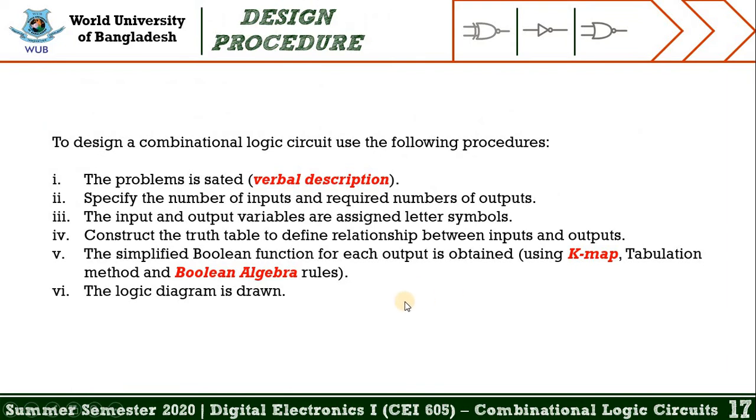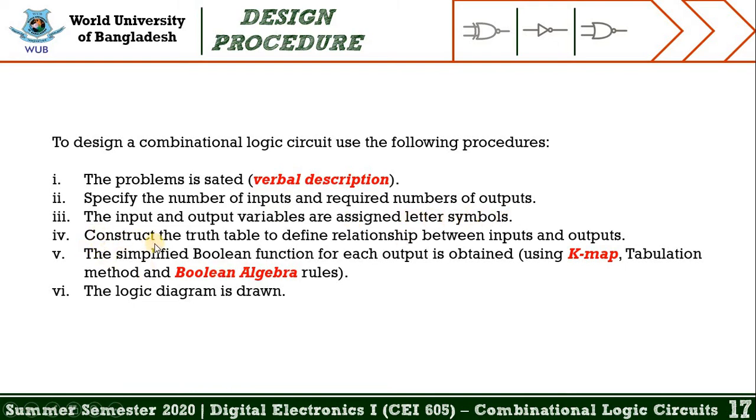From this slide you may learn the design procedure of the combinational logic circuit. So let's start. To design a combinational logic circuit, we need to follow these procedures. First, the problem is stated, which is a verbal description. Second, specify the number of inputs and the required number of outputs. Remember these things. Third, the input and output variables are assigned letter symbols.